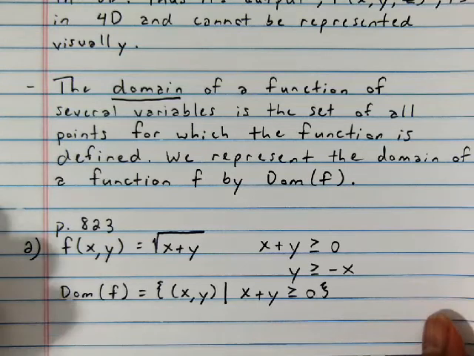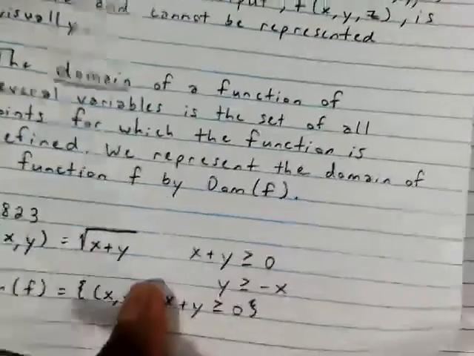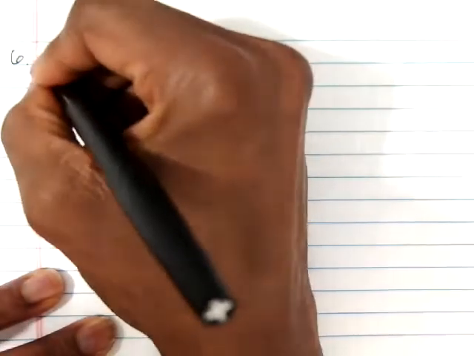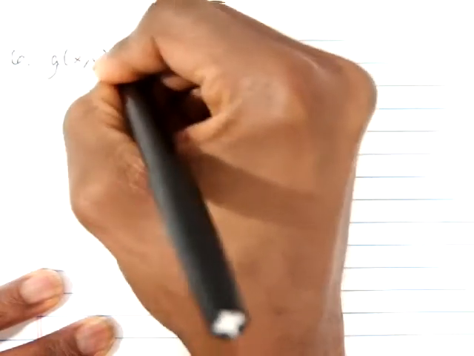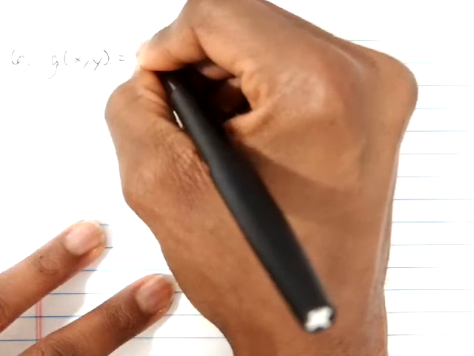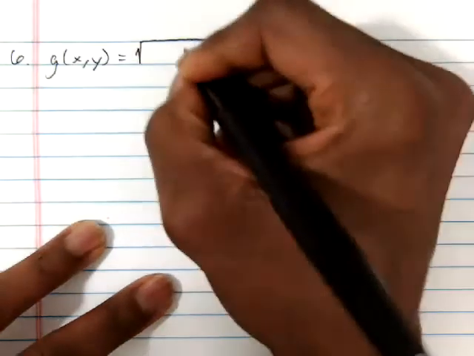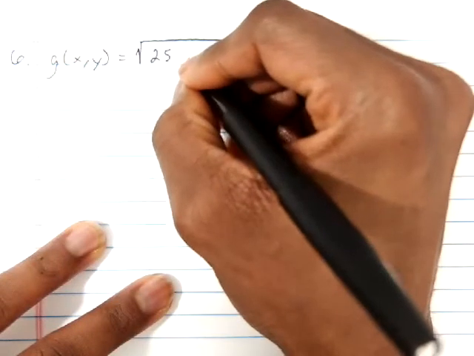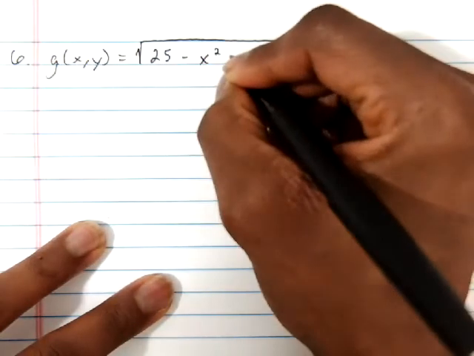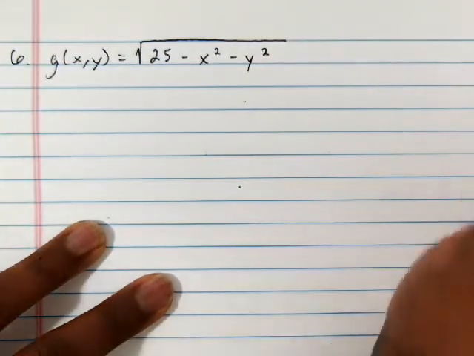All right, so let's do one more of those. We'll look at number 6 with the same directions, and they give us that g of x, y equals the square root of 25 minus x squared minus y squared.